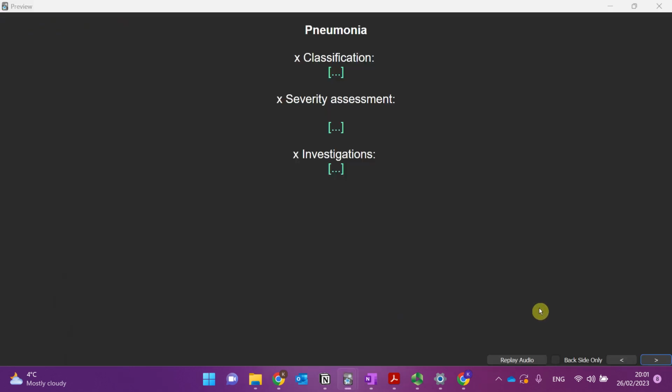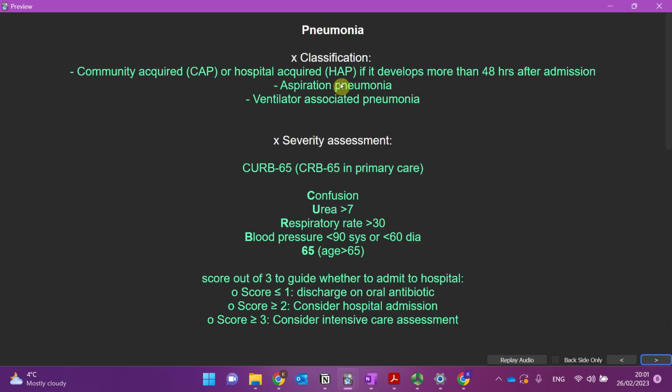So over here I have a card about pneumonia. I don't necessarily have pathophysiology or causes or anything like that, but I have different ways to classify it, severity assessment and investigations, and this is what it looks like.